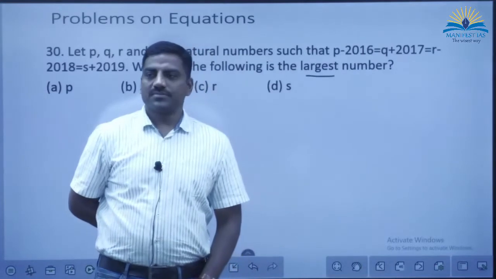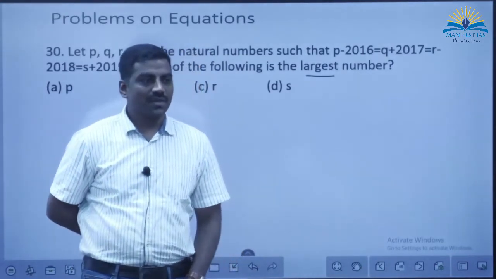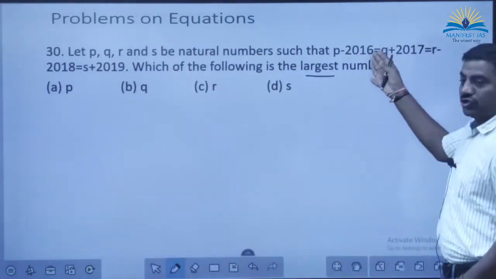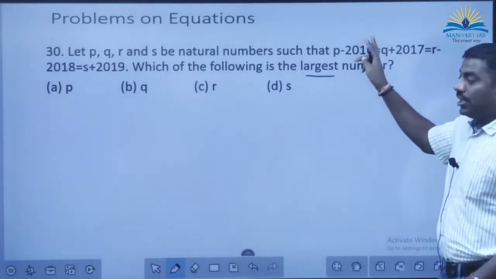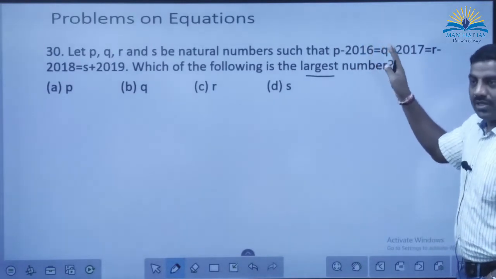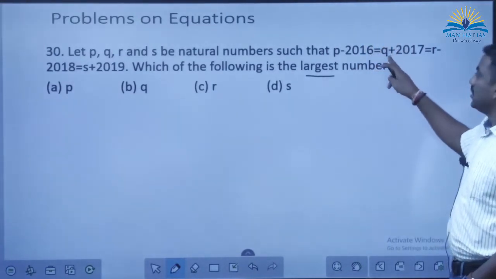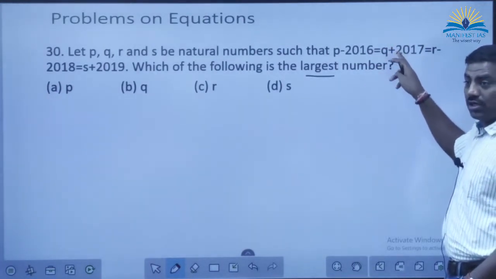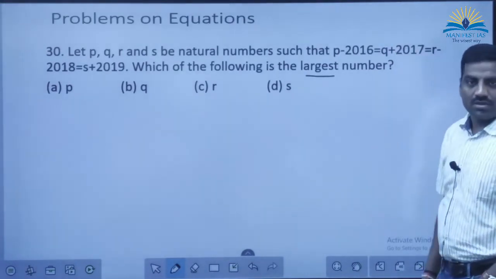Just you liked it? P has enough to lose. Even after losing 2016 rupees, let's say, it will equate with Q, but to get the same amount, Q has to have 2017 extra.